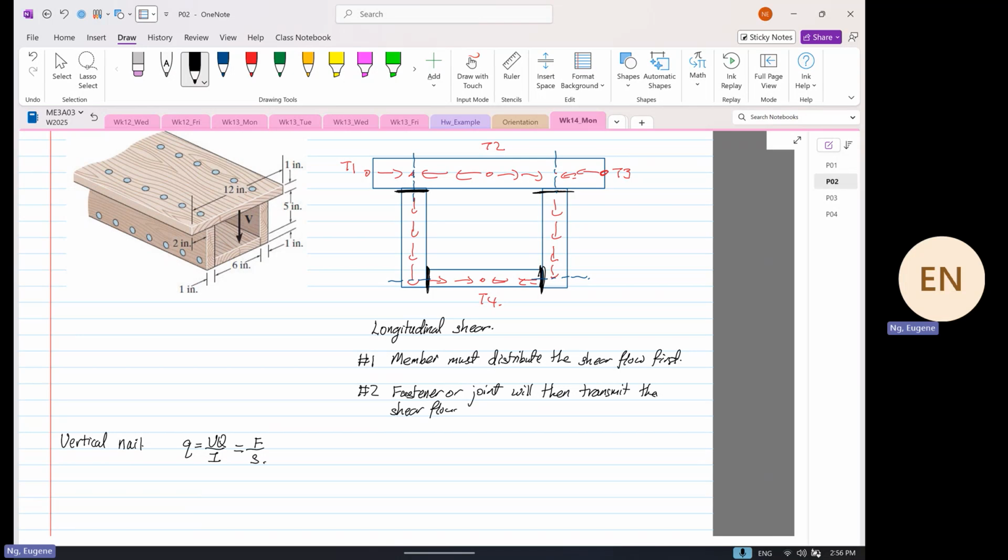The vertical nail. What area are you going to take? Is it related to your terminal?